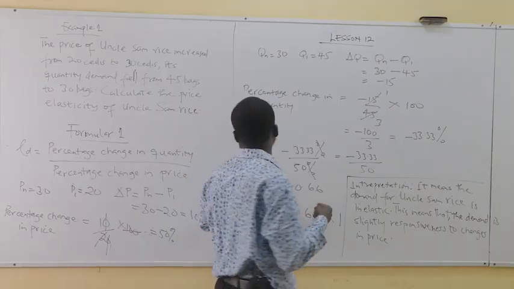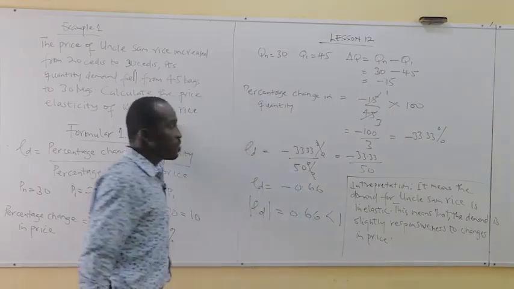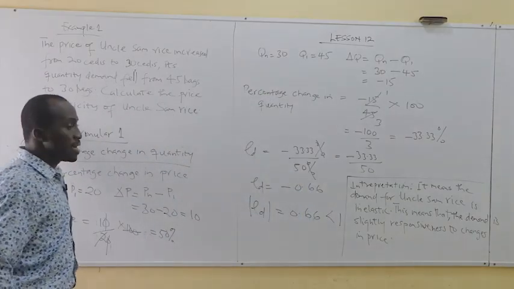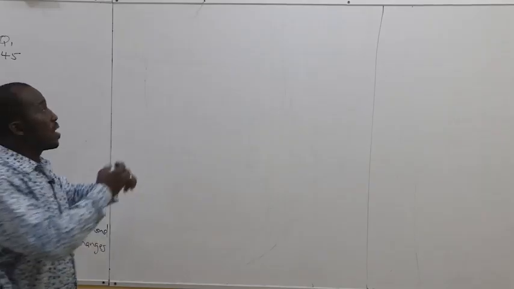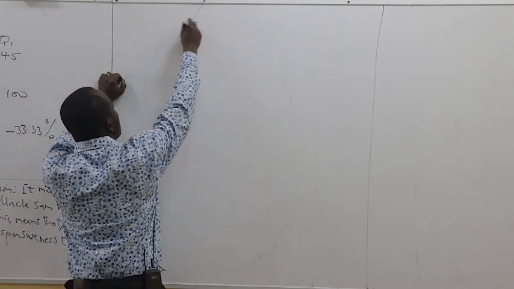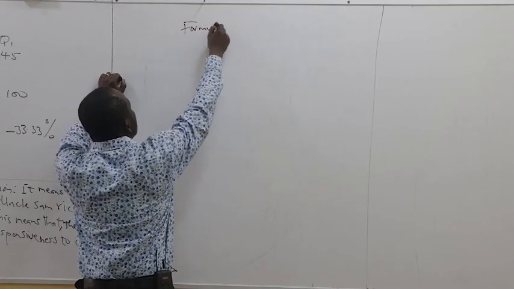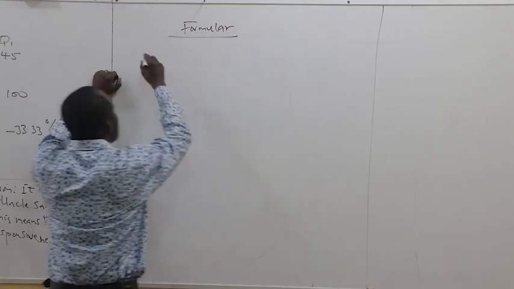Let's use formula 2. We are still on this question. We first used the first formula to solve it. Now let's use the second formula to solve it. Still on the point elasticity, this is how formula 2 works.